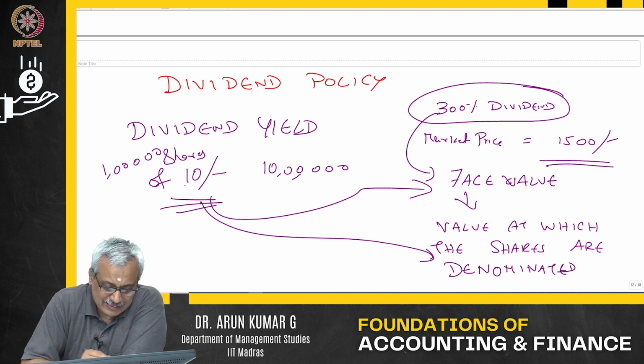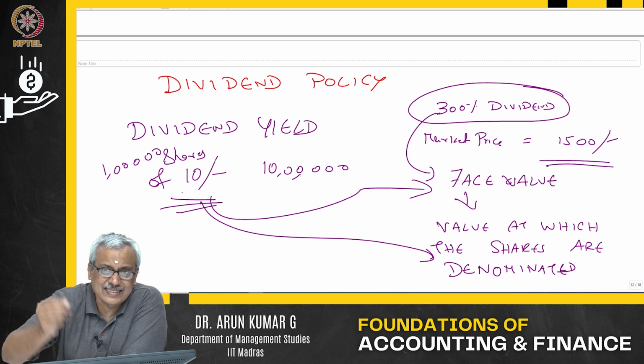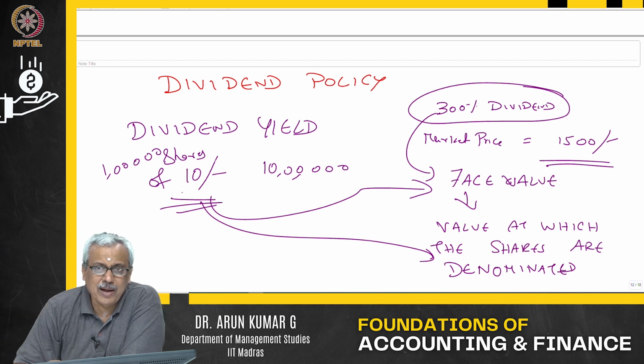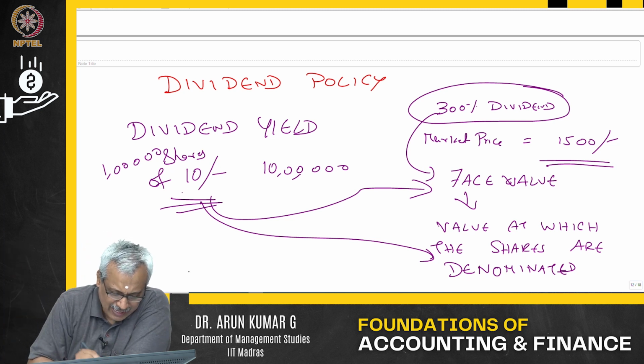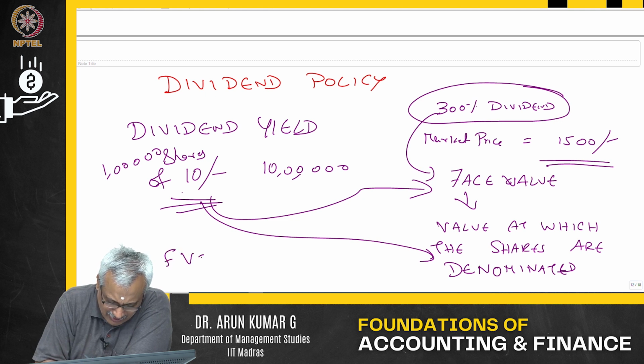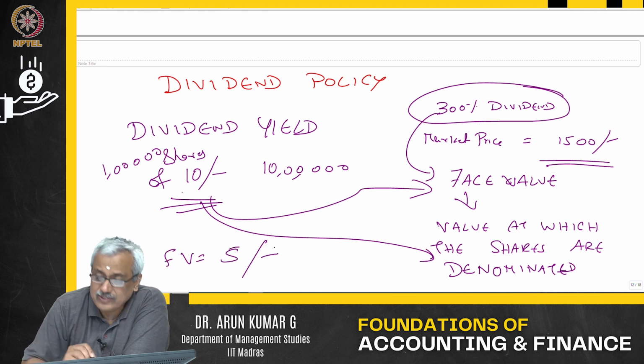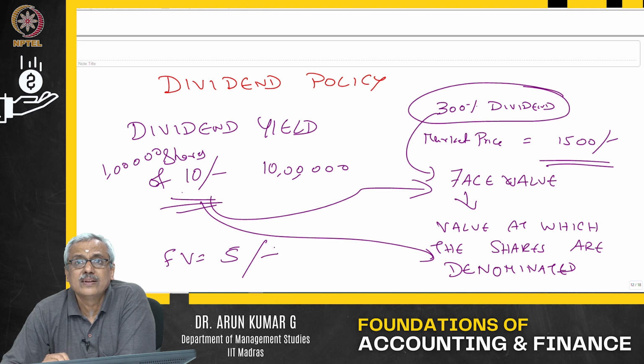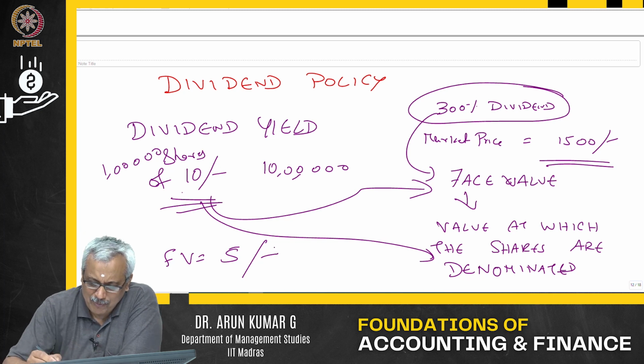This 10 rupees is what I call the denomination of the shares. Now, this 10 rupee share can sell at something else. For example, the face value of the Infosys share is 5 rupees, if I am not wrong. Now, the company says I am declaring a 300% dividend.